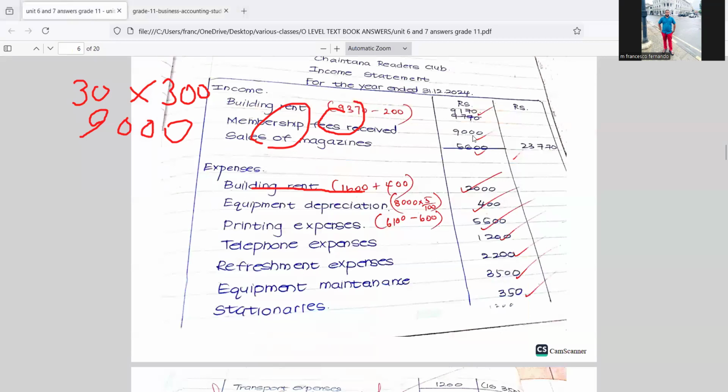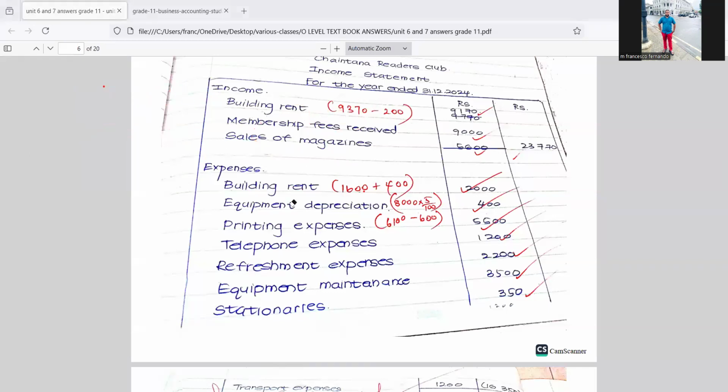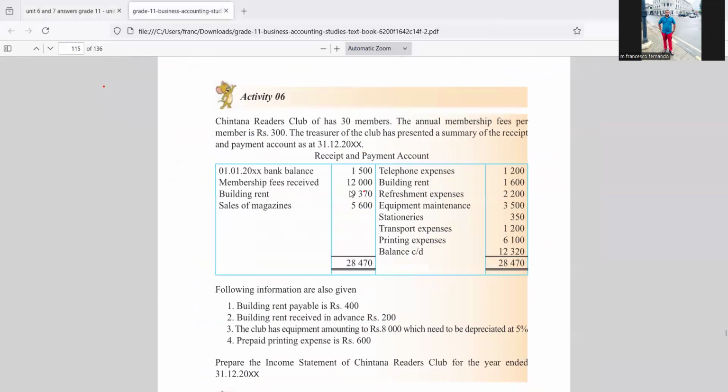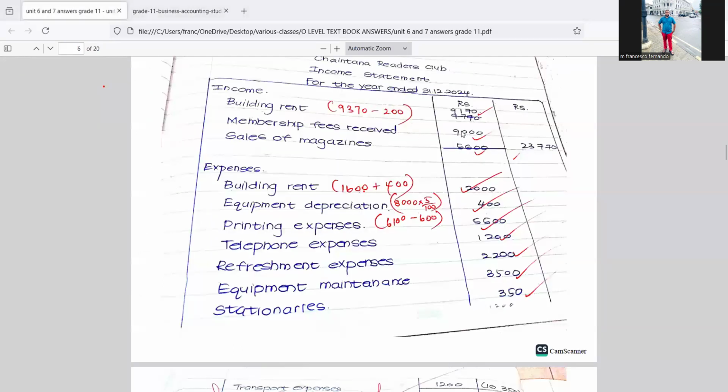So the amount relevant for the year is only 9,000. Therefore, we can record only 9,000 in the income, not 12,000, because 12,000 is the amount received in cash. We can record only 9,000. How this 9,000 came? 300 into 30.